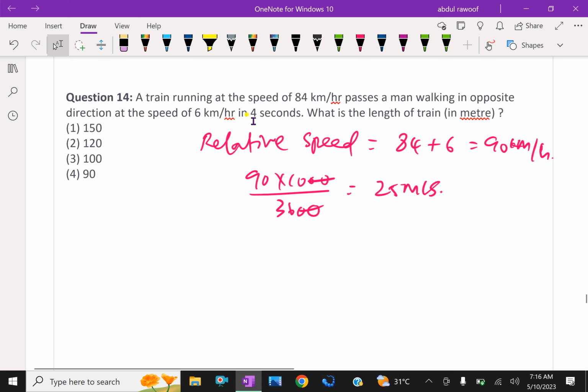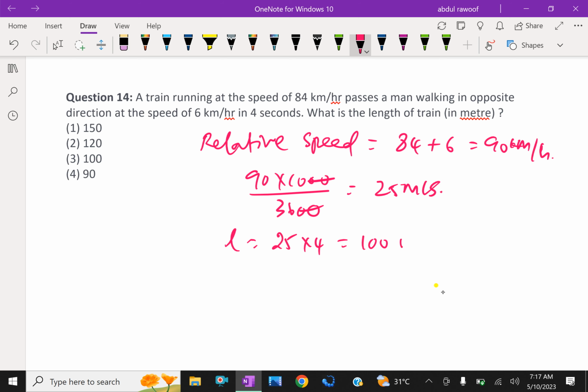In 4 seconds they cross. Therefore, the length of the train crossing the man is distance: speed is 25 meters per second, in 4 seconds, that is 100 meters.